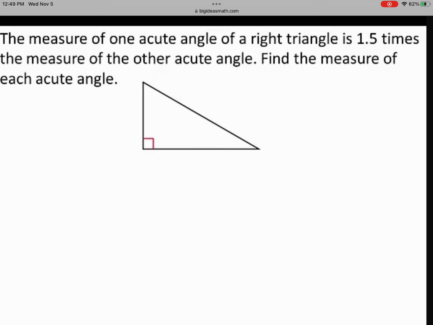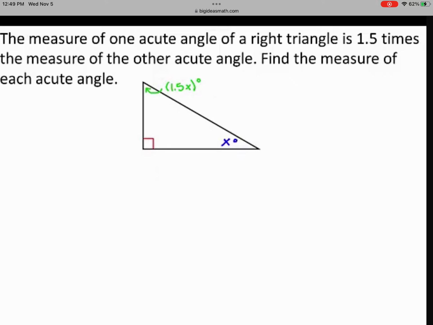You can label the measure of one acute angle as x degrees, and because the measure of the second acute angle is 1 5/10 times the measure of the first acute angle, you can label the measure of the second acute angle as 1 5/10 x degrees.